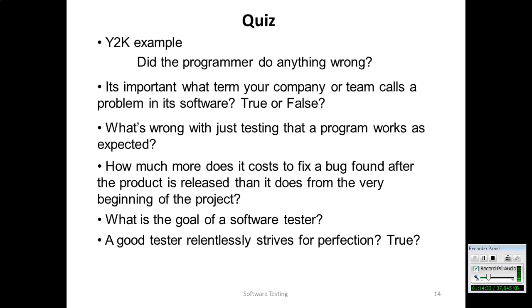Let's take one example. Maybe the software which is developed is best suited for a certain resolution, 780 times 1024 pixels. Okay, it's working, and there is no problem with that.